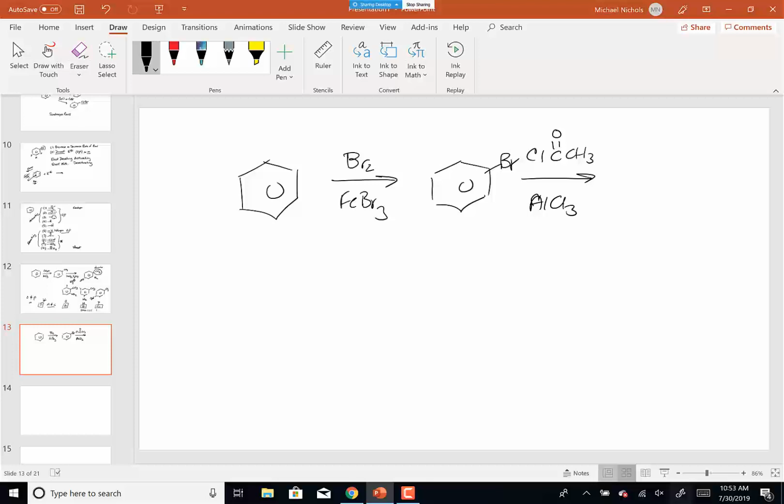Right, so the first thing we add is a bromine. The second thing I'm going to be adding is the C double bond O CH3 with the plus charge. And where is that group going to go?